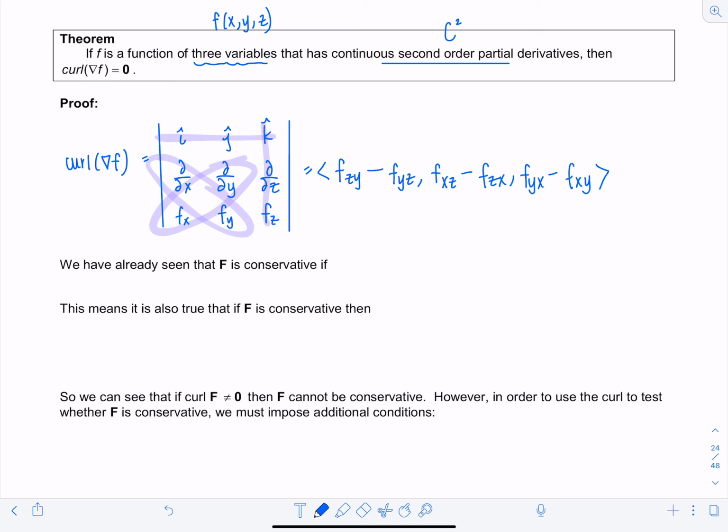Now remember, one of the necessary conditions for this theorem was that f had to have continuous second order partial derivatives. And since this is the case, we know that partial zy is equal to partial yz, partial xz is equal to partial zx, and partial yx is equal to partial xy.